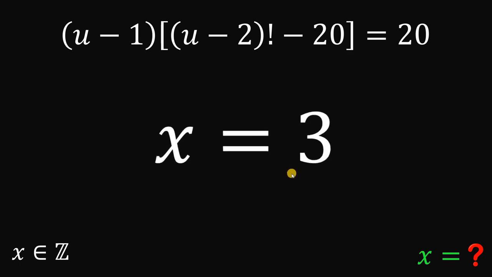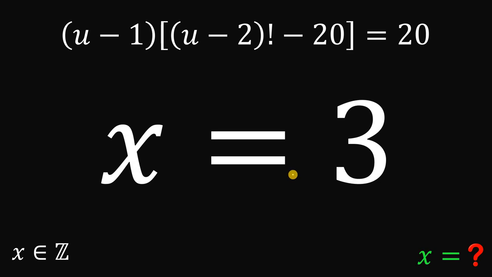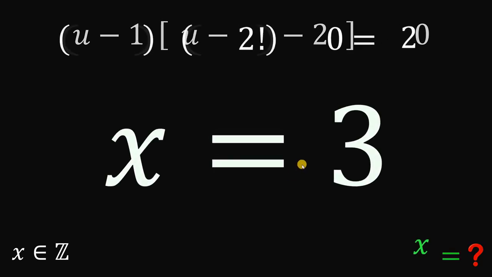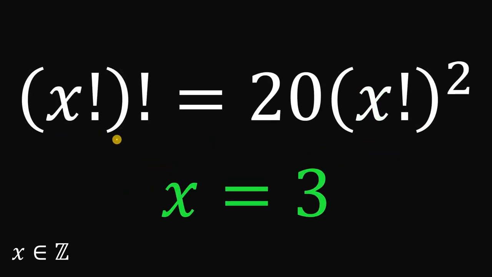And that is the only answer to this question. Therefore, given this equation, x factorial equals 20 times x factorial raised to the power of 2, then the only integer value of x that satisfies this condition must be equal to 3. And as always, we are done.